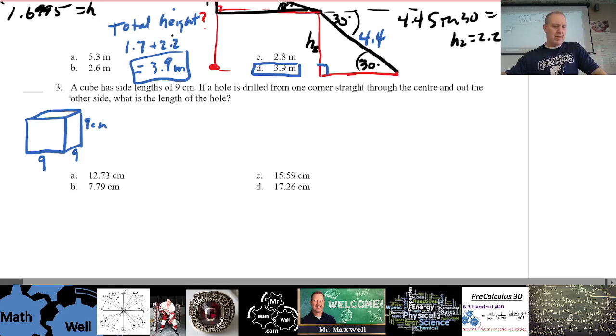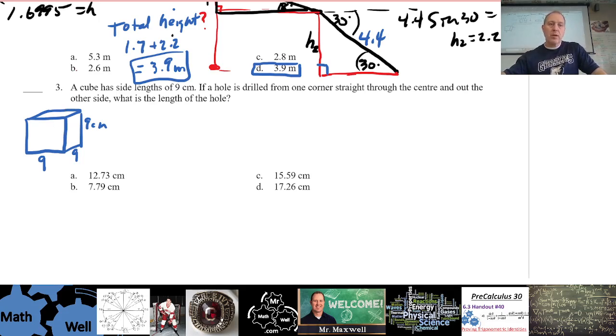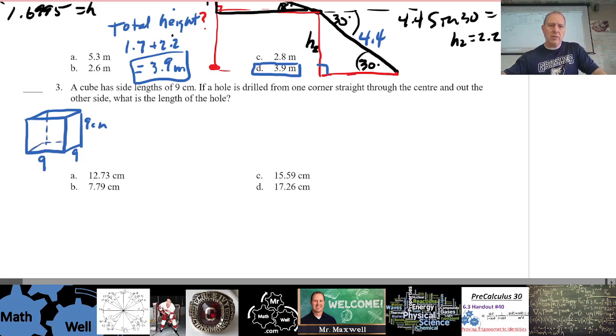If I were to draw that on here, let's say the hole starts in this corner, goes right through the middle and out the other corner. So it's right there from the front corner to the back opposite corner.